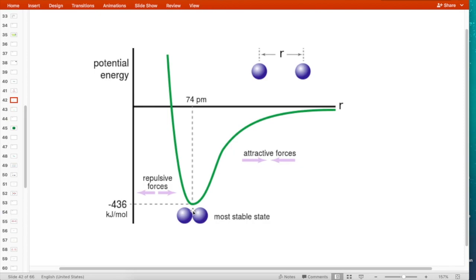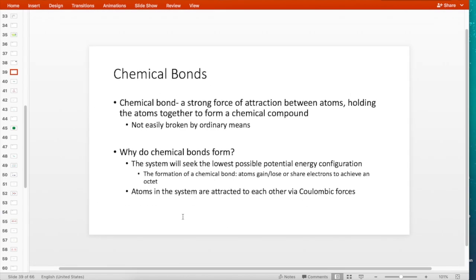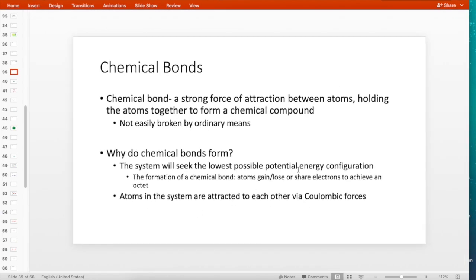And when atoms are bound together, the electrons of one atom attracted to the nucleus of the other, and vice versa, then the system can indeed reach the lowest possible potential energy state. So that is why chemical bonds form. We can think about it in terms of energy, reaching the lowest possible potential energy, and we can think about it in terms of attractive forces between atoms.